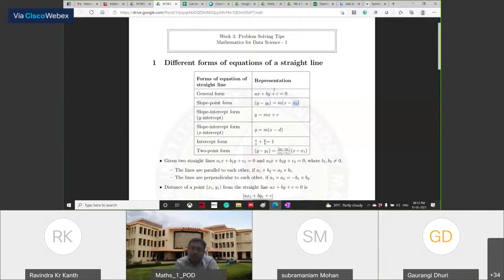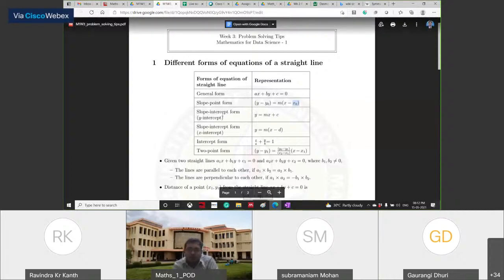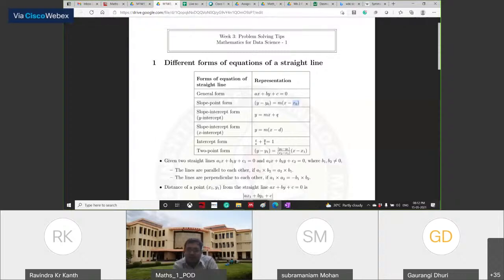So there is the y-intercept form, that is y equals to mx plus c, where c is the y-intercept. If you take the x-intercept, then y equals to m into x minus d. That is the slope x-intercept form.